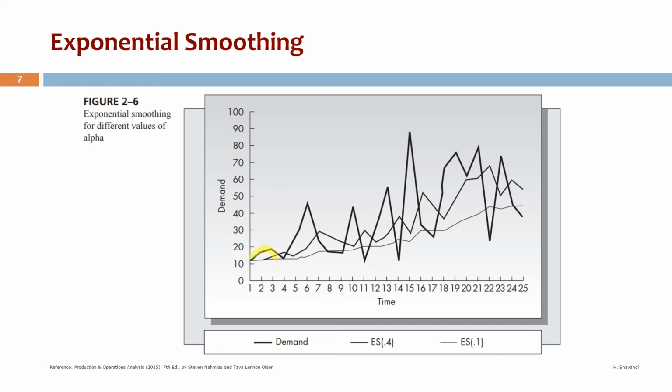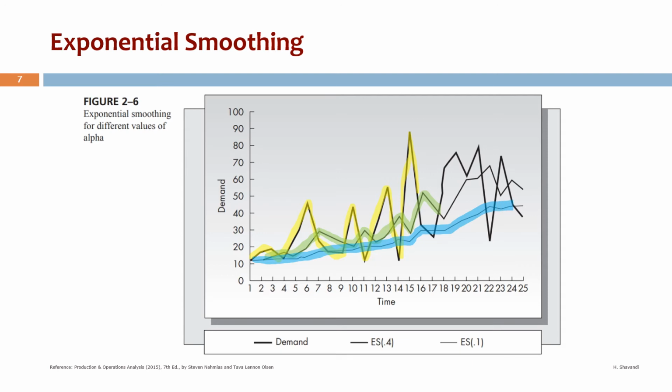The yellow one now is the actual demand observation, okay, and the green one here is the forecast of exponential smoothing with alpha of 0.4, and the blue one is the forecast of exponential smoothing with alpha of 0.1.